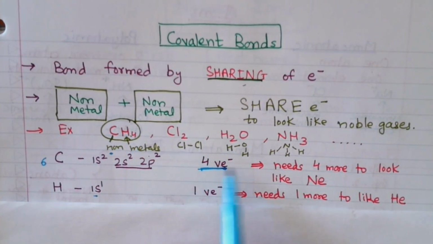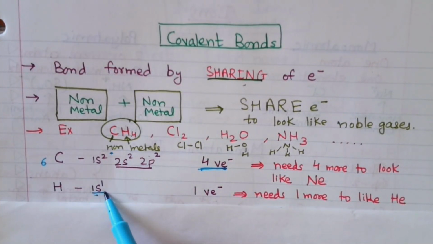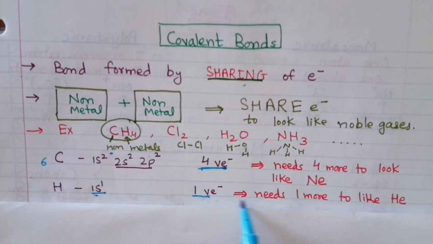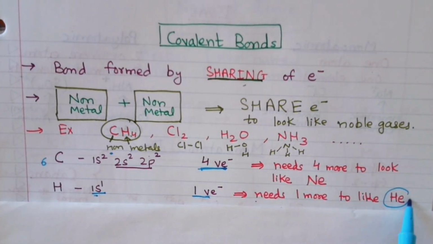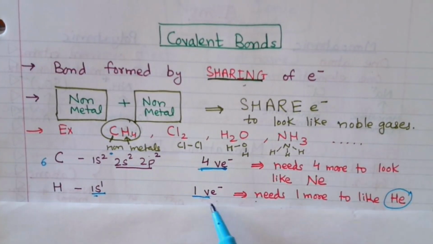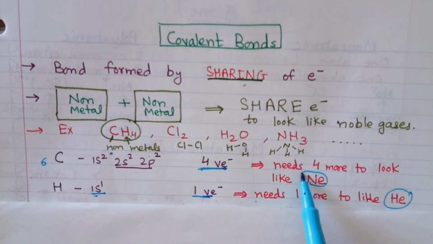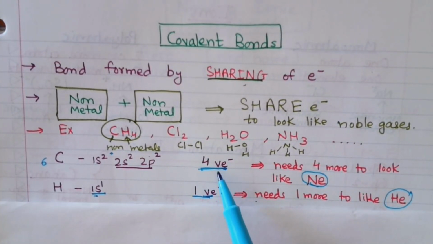So hydrogen has 1 valence electron and it needs 1 more to look like helium. So hydrogen wants to look like helium by having 1 more valence electron, and carbon can look like neon if it has 4 more valence electrons.